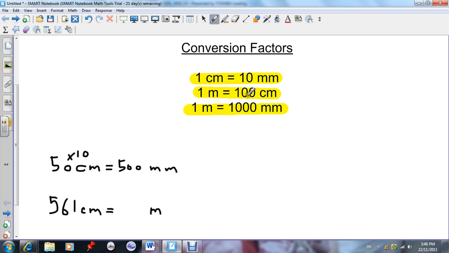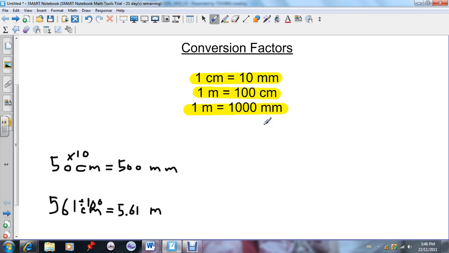Well, there are 100 centimeters in 1 meter, so we need to work backwards. We say 561 divided by 100. Do that on your calculator and you will get 5.61. So 561 centimeters is equal to 5.61 meters.